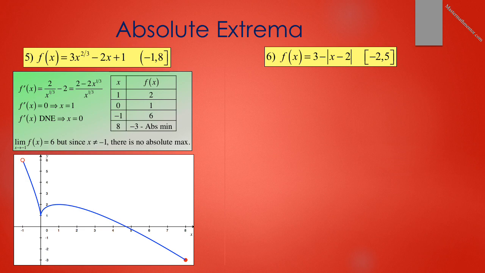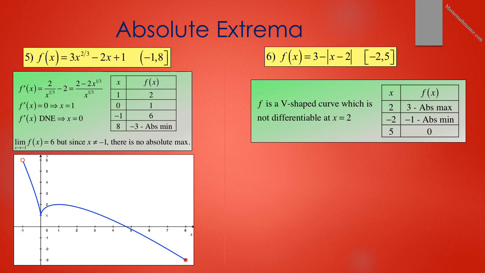The absolute minimum is -3 at x is equal to 8. However, because of the open dot at x is equal to -1, 6, this curve does not have an absolute max. It gets as close as we want to 6, but never actually reaches it.